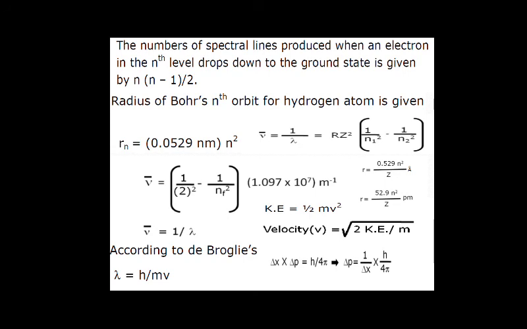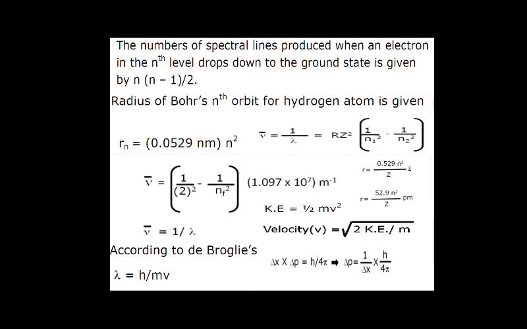How you will calculate the total number of lines produced is by this formula. Here n will be the orbit value from where the electron is jumping down, or from which orbit the transition is happening. We will practice this also.